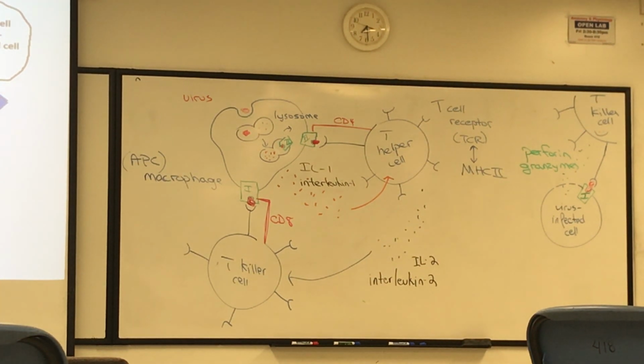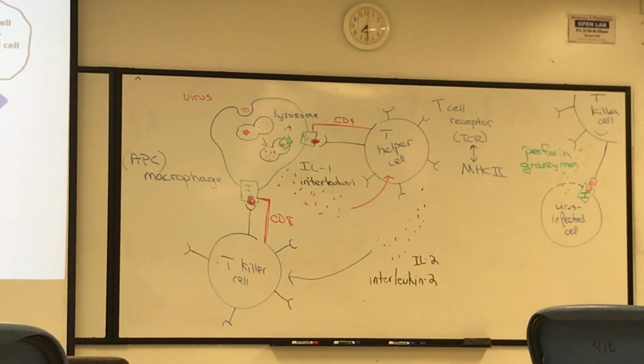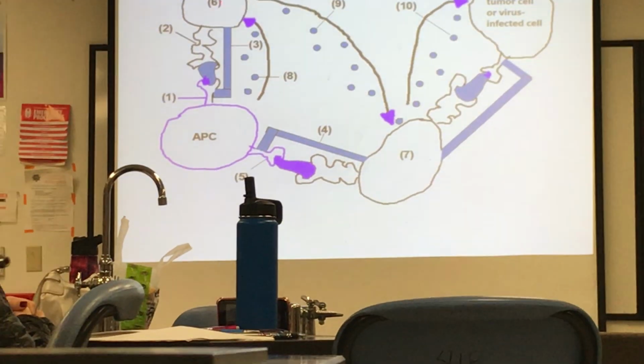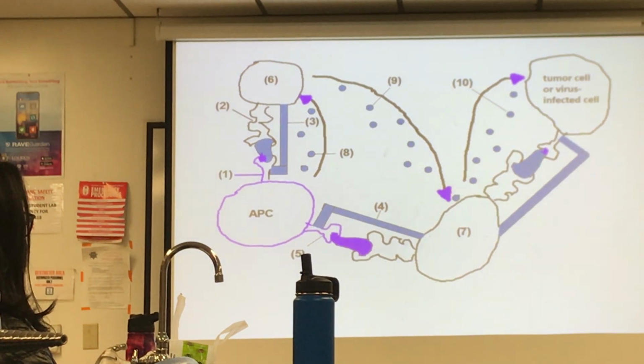So the antigen presenting cell is a macrophage. All right? What would number 1 be? The antigen presenting cell activates this cell, and this cell kills that cell.